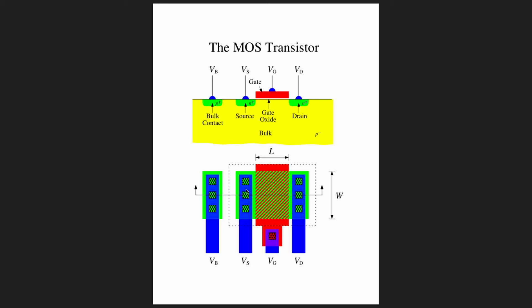That lived inside a base, which was more lightly doped, and then that lived inside a collector, which was even more lightly doped. While there was a functional symmetry, because there were two p-n junctions and we could forward bias either one or reverse bias either one, the physical structure of the device in terms of the doping levels was optimized so that the device worked in one direction much better than in the other direction.